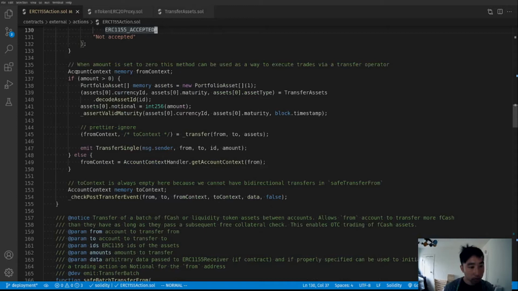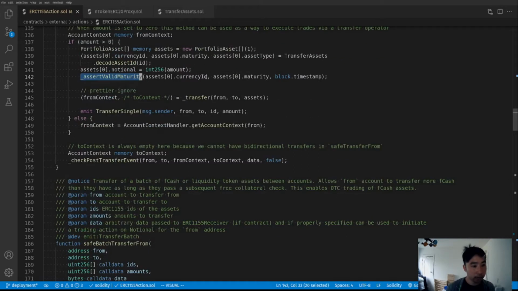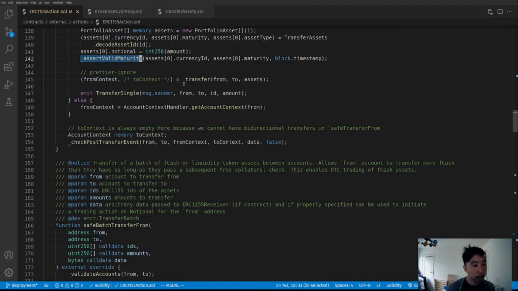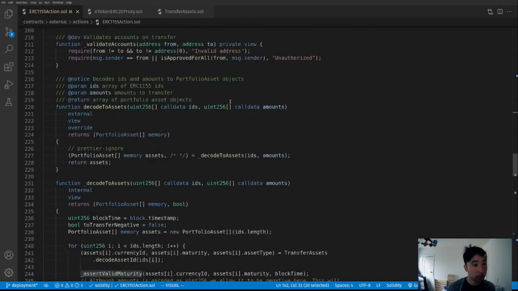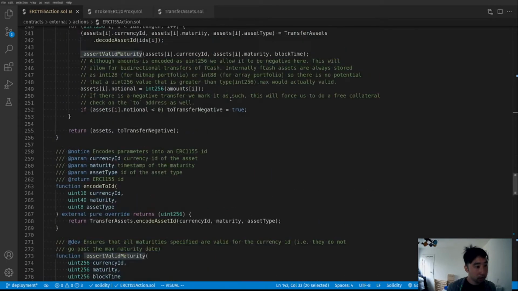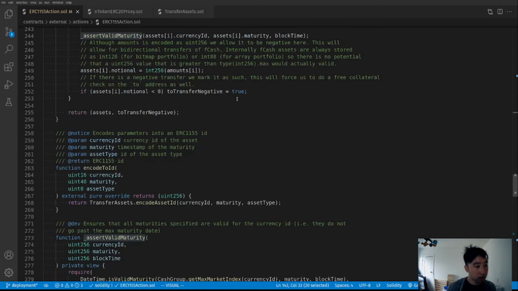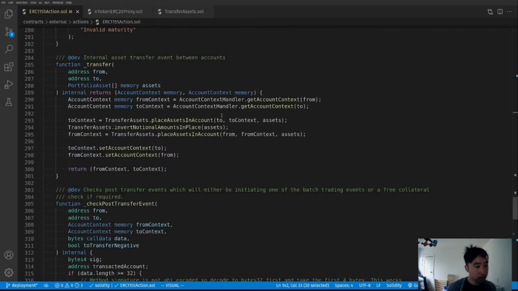So when we're transferring a single asset here, it's quite simple. We decode the asset ID that has been provided to us. We decode the amount, and we check that this is actually a valid cash asset that we can transfer. And then we'll go ahead and transfer it. The way this works is that we will place the asset in the to account.